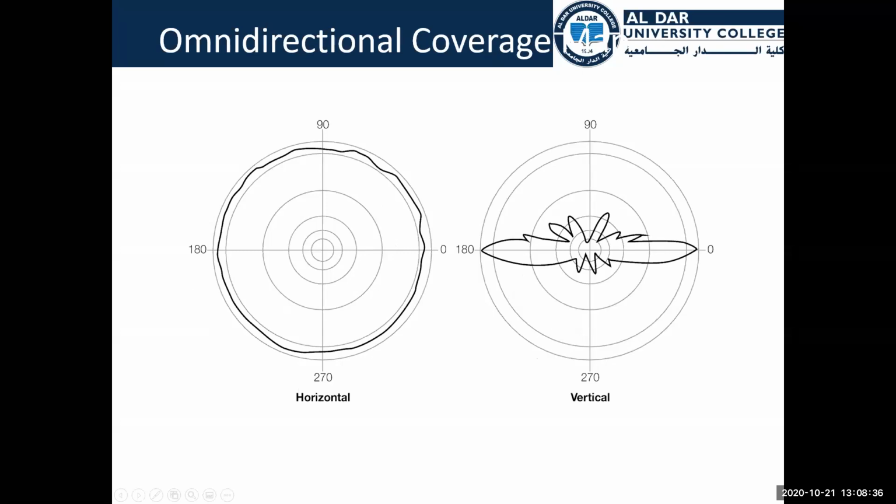Yes, the coverage map: when you buy an access point from any website, you will get the access point with a coverage map. The coverage map is important because it defines the coverage of the access point signal.